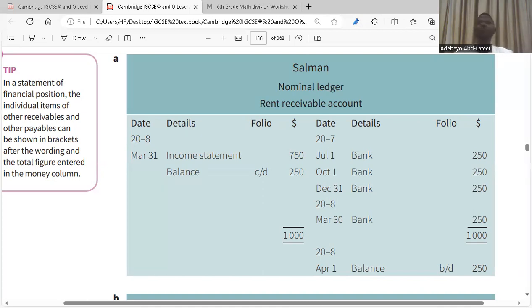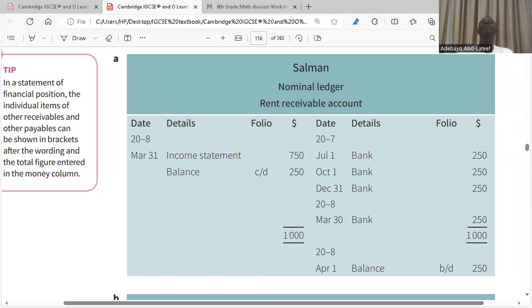So now we have 1,000. The 1,000 will be split into income or expenditure. But because we are talking about income here, it's going to be split into income and liability, because it's a prepayment. So how much do we receive? We received 1,000. 750 will be in our income statement, and in the cash book.